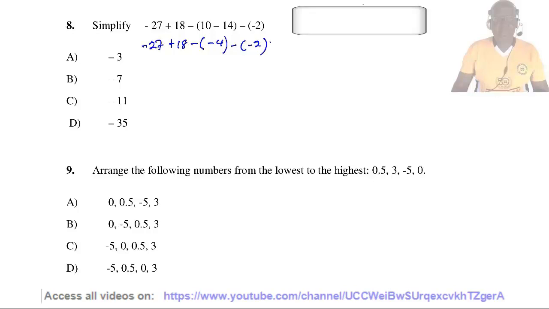Now minus minus 4 is plus 4, and minus minus 2 is plus 2. So we shall get minus 27 plus 18 plus 4 plus 2, which is minus 3. So the answer is A.